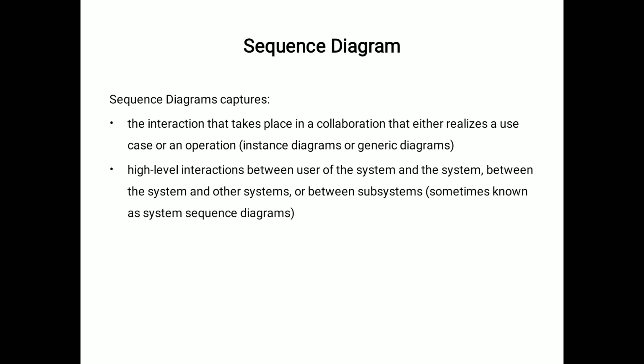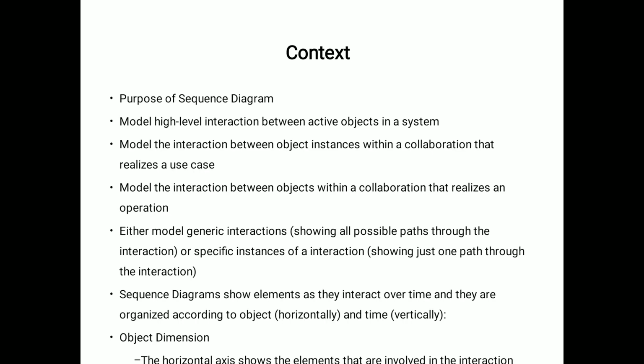High level interaction between the user of the system and the system, between the system and another subsystem, or between the subsystems. These interactions are shown by your sequence diagram.